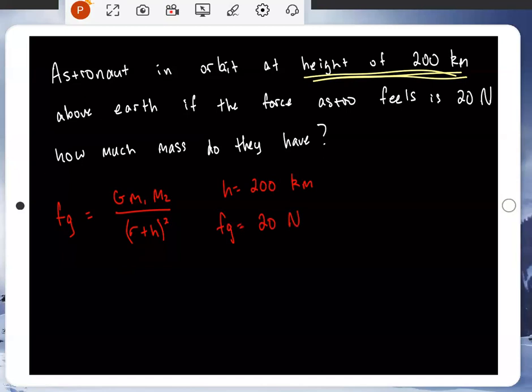What else? G would be 6.67 times 10 to the negative 11. And then the radius, that's the one where it's like 9.7 something. Yeah, it would be, well, it's the radius of the Earth, right?